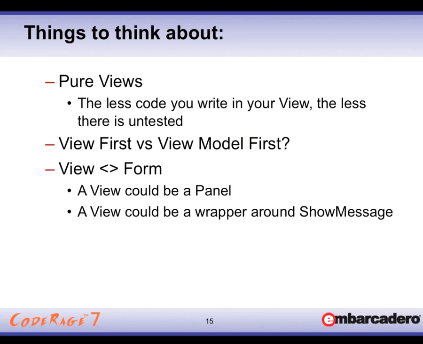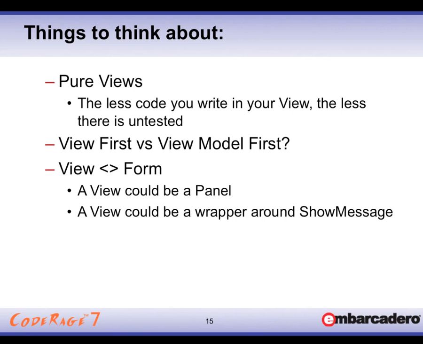You'll run into a few of these concepts when you're reading other articles and other forum posts about MVVM, especially in the WPF world. You'll see this reference to things called pure views, and a pure view would be a view that contained no code in the back end. All of the code was off in the view model or in the model.